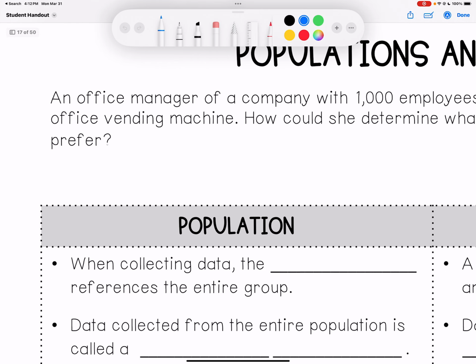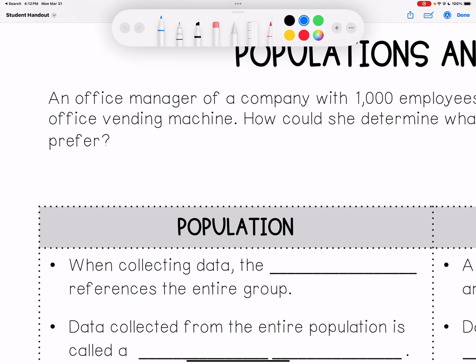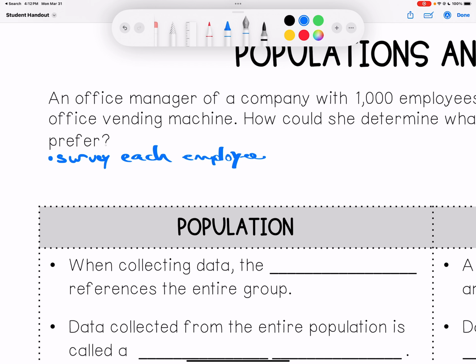Well, welcome back. All right, two ways. Number one would be that she could survey each employee. Okay, that's called population. Or she could select random employees.